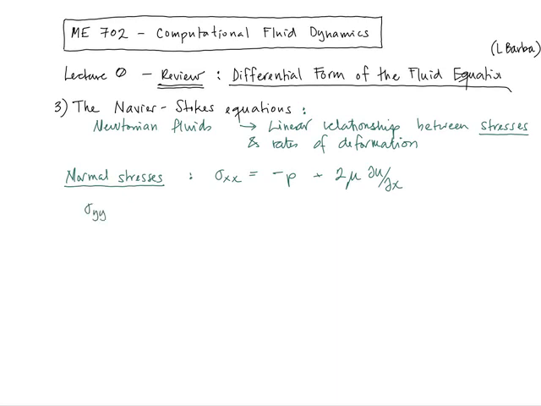We have sigma yy, similarly, equal to minus p plus 2 mu times dv dy, and sigma zz, the third normal stress, is equal again to minus p plus 2 mu dw dz.